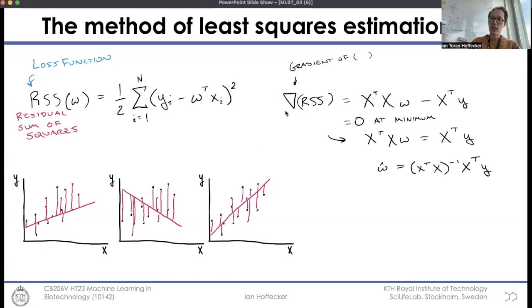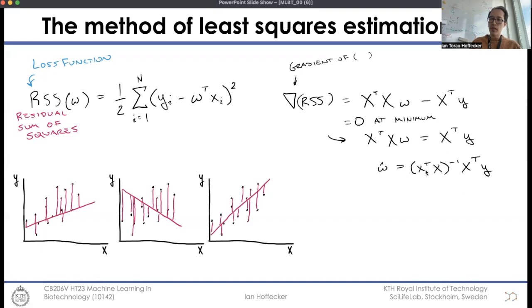So the gradient, or the rate of change of this function, has this expression here, which we can set to 0 at its minimum. That is the point where the slope is not changing, which we said earlier corresponds to the optimum or the minimum of this loss function. And it turns out there's a simple analytical solution here, which is this expression.